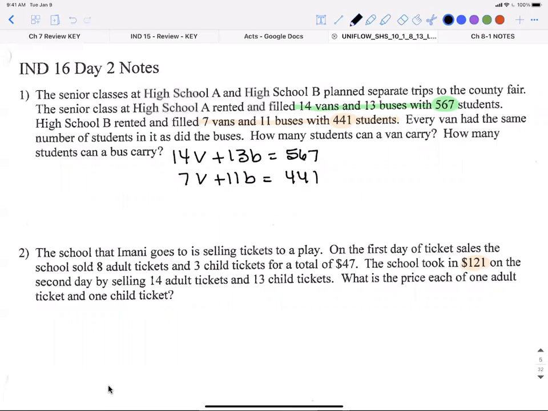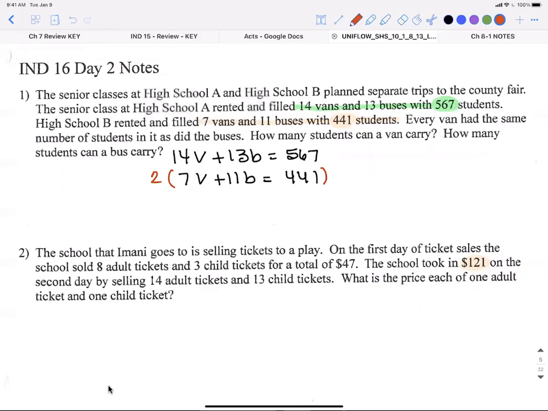I can't multiply 13 by anything to make it 11, or 11 by anything to make it 13. So my buses wouldn't necessarily be the easier one here, but I know that I can multiply 7 by 2 and get my coefficients to match. Now, if I leave it like it is right now, I'm going to have 14V and 14V. They're both going to be positive, and that doesn't work.